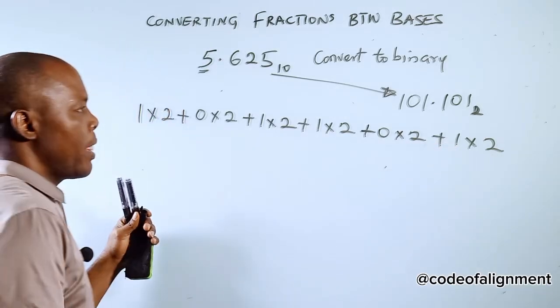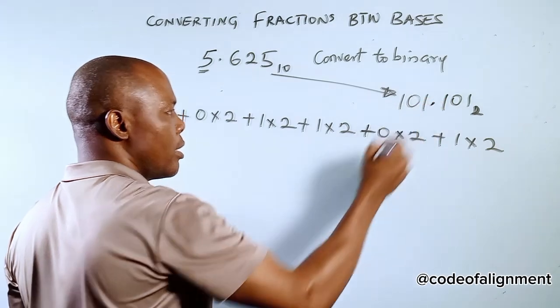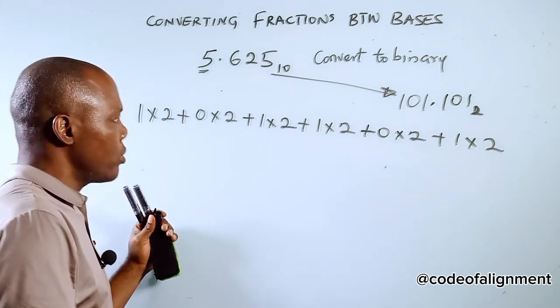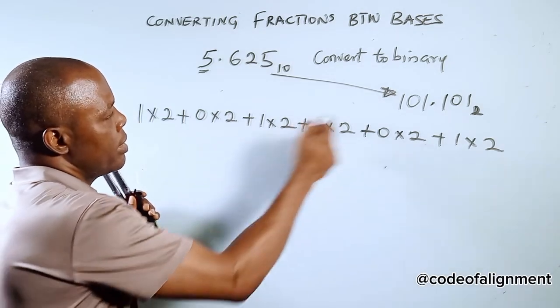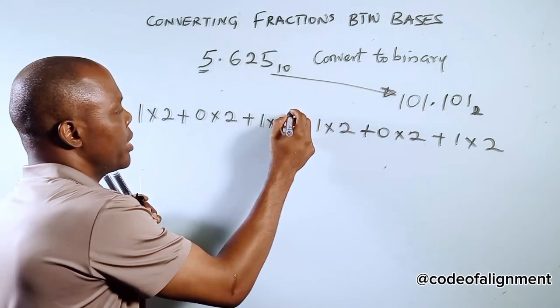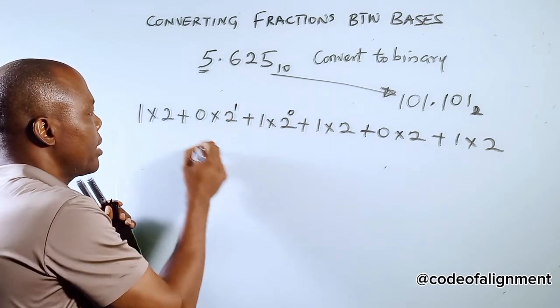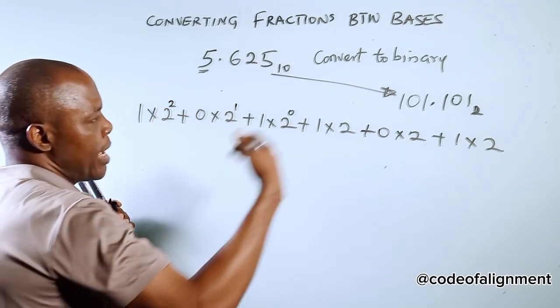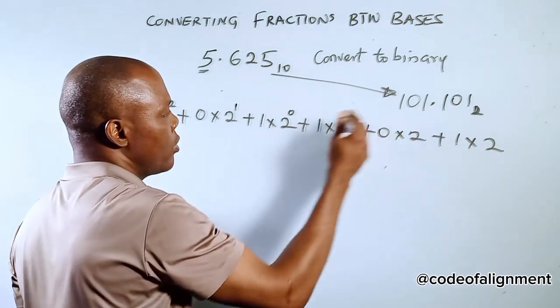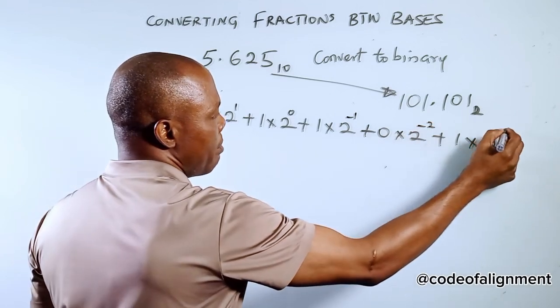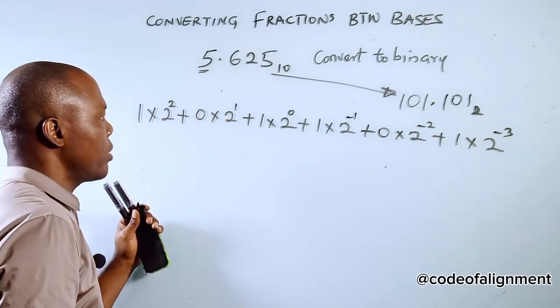Because of this radix point, we start our exponent 0 just left of the radix point: 0, then 1 and 2 going left. To the right, we are going to have minus 1, minus 2, and minus 3.